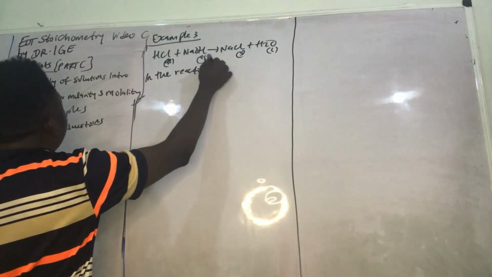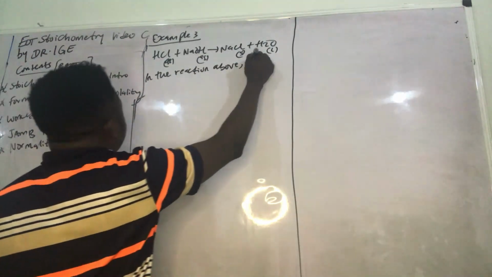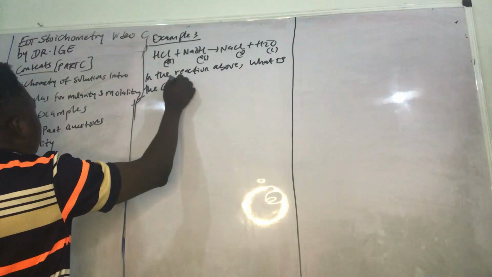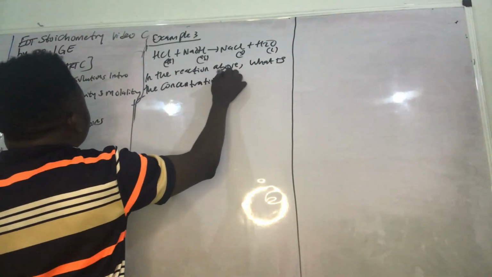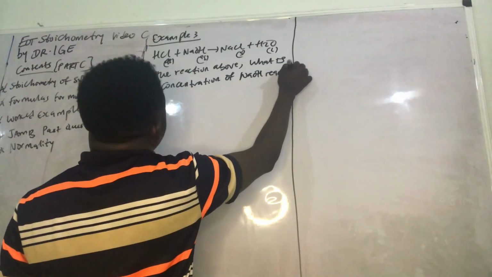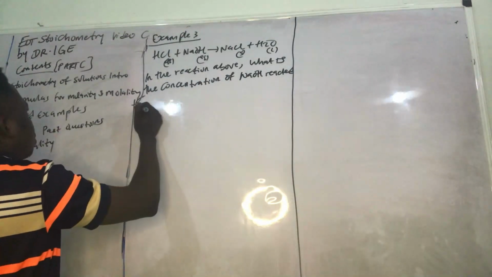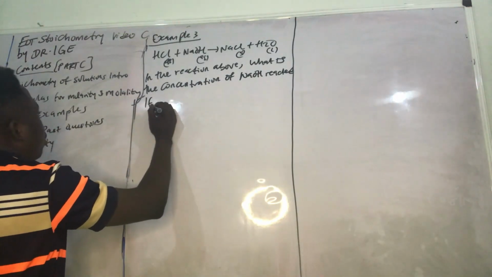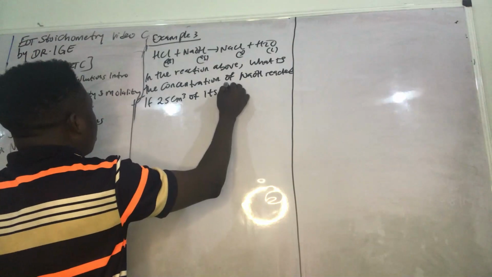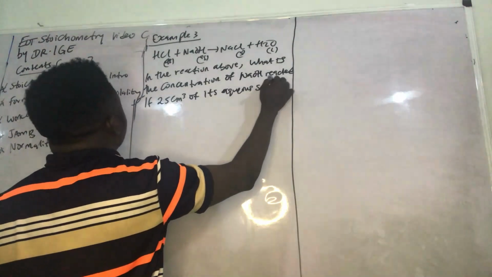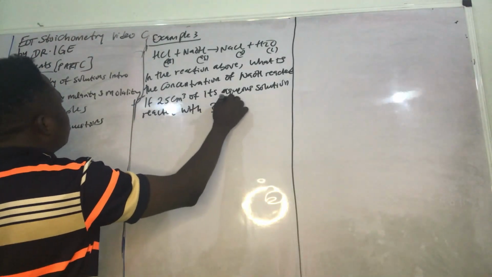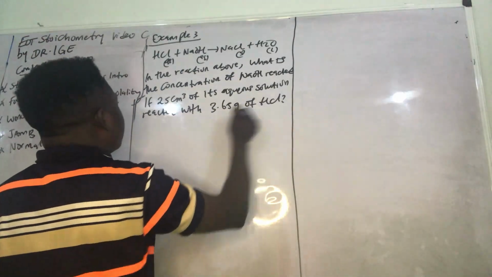Now my question is this: in the reaction above, what mass of sodium hydroxide aqueous solution reacted with 3.65 gram of HCl?